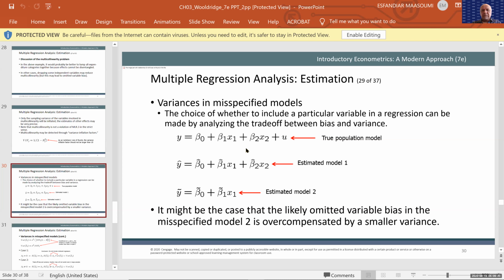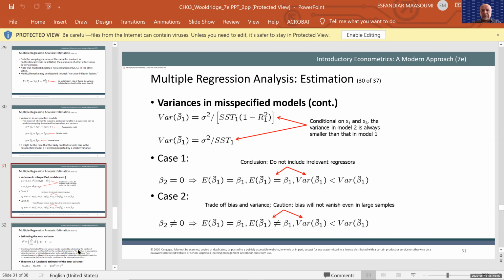So, variance in a misspecified model. This is the true model. This would be the estimates of the betas in the true model. We just looked at the formula for these coefficients and their variances. Were you to estimate the wrong model, the small model, you get the tilde estimates, and you get the formula for the variances of bivariate regression, which would be this, remember, y on x1.